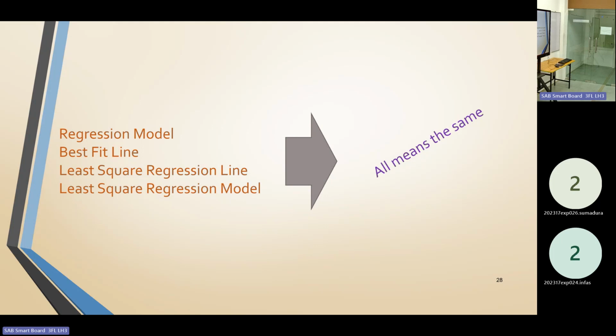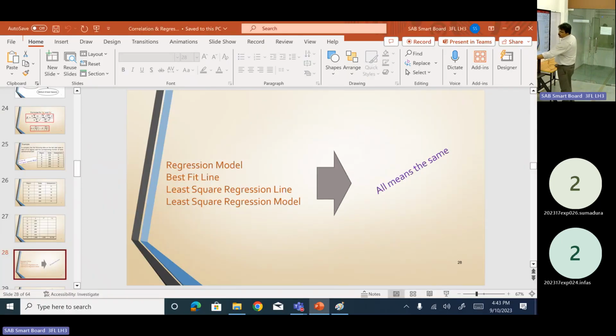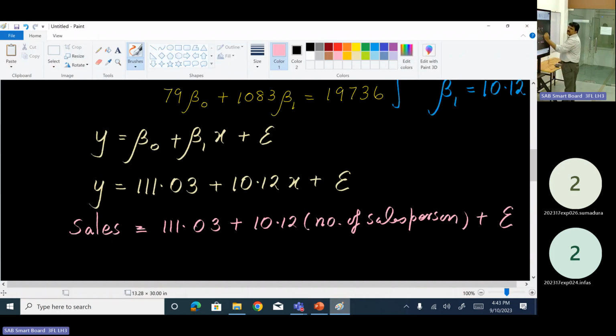Correlation we calculated, then we said how to interpret that correlation. So when developing this model, we have calculated two values, beta naught and beta 1. So we should be able to explain what this 10.12 means, what this 111.03 means. After developing the model, we should be able to interpret beta naught and beta 1.